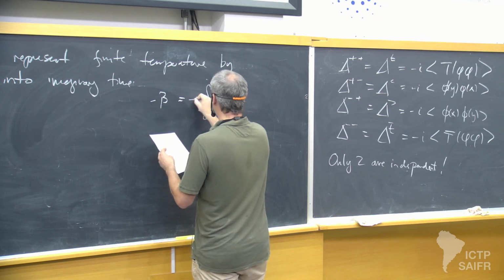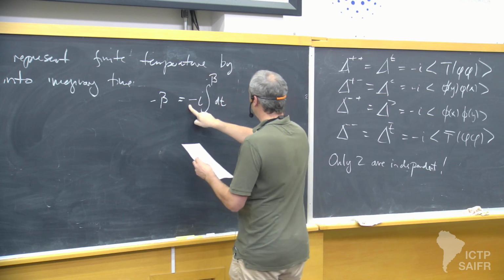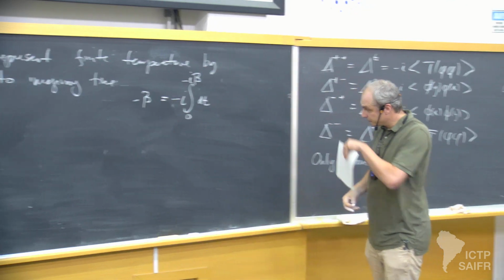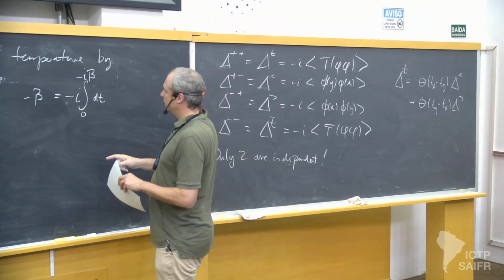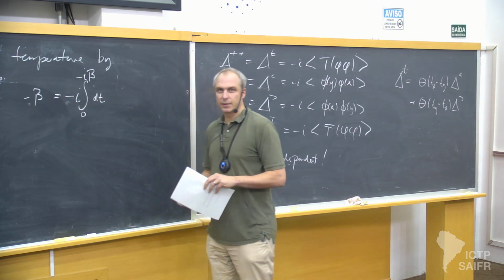And there would be a minus i here, and we want to have a minus sign, so it would be minus i beta. So this should work. Too many minus signs. i times minus i gives you plus, okay? So this is basically the trick we want to do.